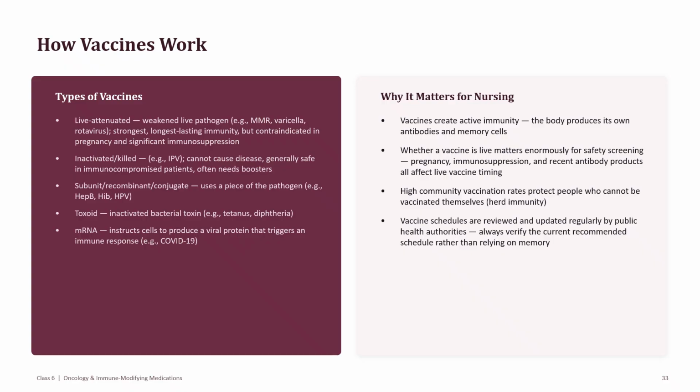Okay, so we will shift altogether and move on to drug therapy to prevent disease. Everything up to this point has been reactive. We've been killing abnormal cells, fighting existing viruses, calming down the immune system that's misbehaving and attacking itself, and suppressing the immune system to protect organs that have been transplanted.